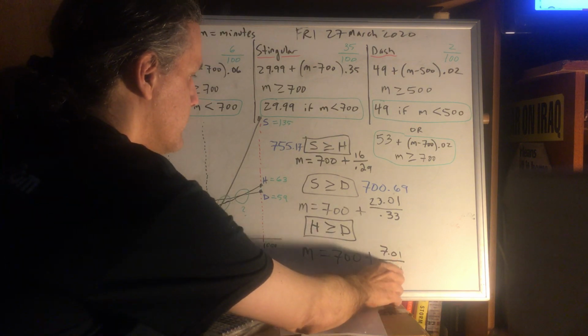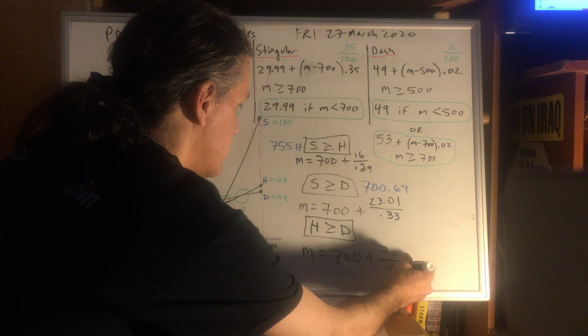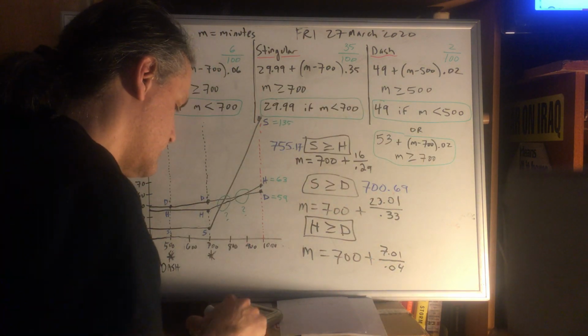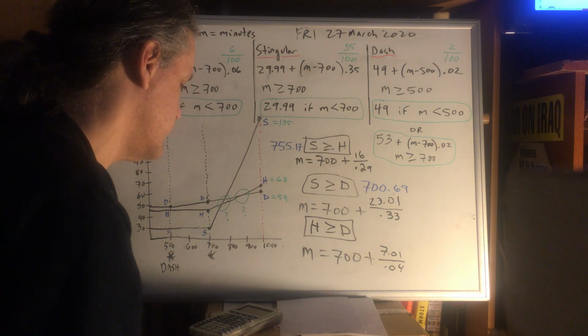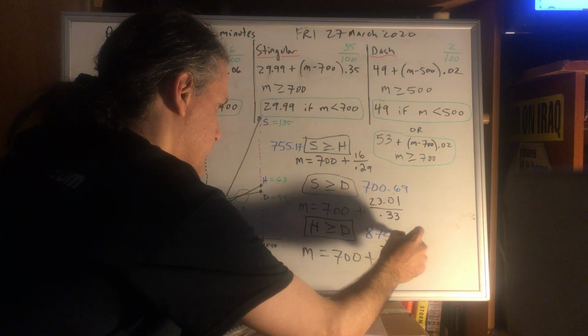Oh wait, this should be 0.04. Oops. 0.02, 0.06, right? Almost made that mistake. 875.25.